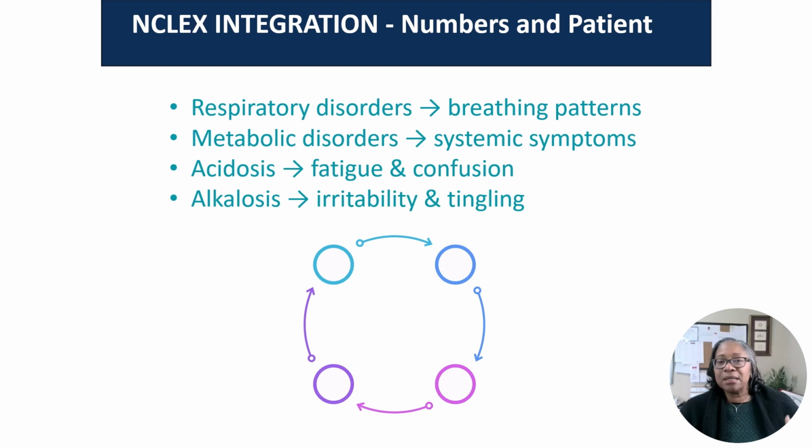So when you try to put this all together, this is what you're going to have to remember. Respiratory problems are breathing problems. Metabolic problems are systemic. You'll see systemic symptoms. When a person has acidosis, they'll exhibit fatigue and confusion. If they have alkalosis, they'll exhibit irritability, tingling, and muscle weakness.